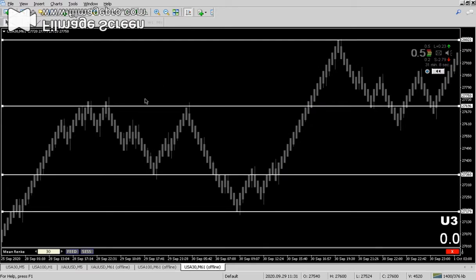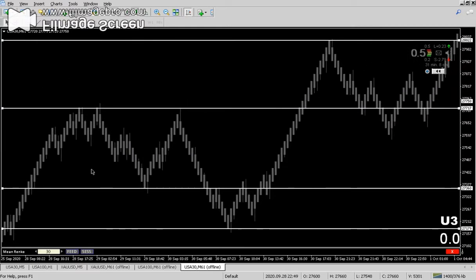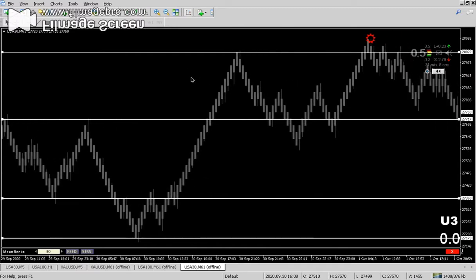Looking right over here, price has come up and on three different occasions has shown some rejection. So once we have a minimum of two touches, we have a valid level. I always tend to say that we should have support and resistance touches to make a level strong and valid.